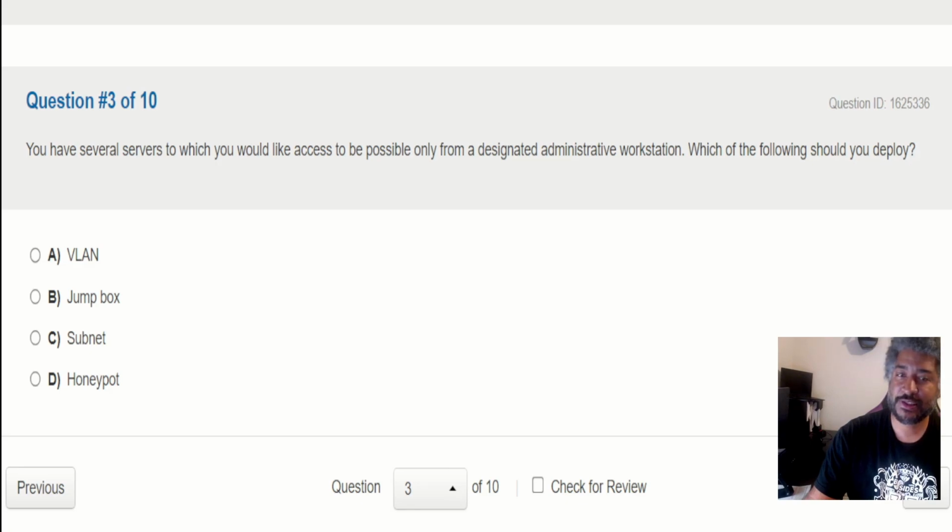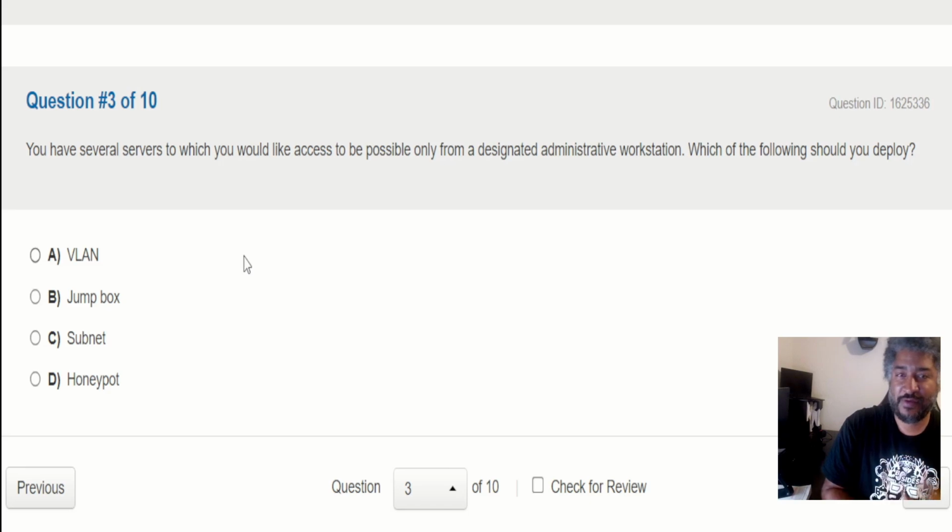All right, so let's use the process of elimination here. The question is saying that we have several servers and we would like to have access only from a designated workstation. Take out some of these bluff words here, as they don't really make any sense. Administrative doesn't really matter in this particular scenario. So our first thing is process of elimination.